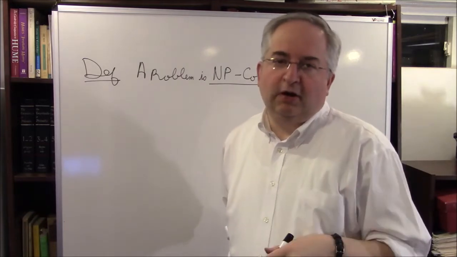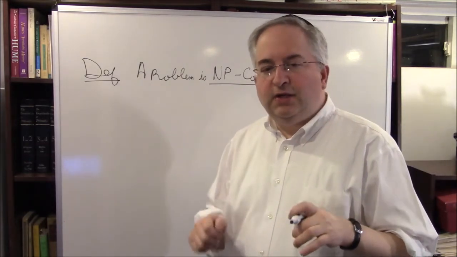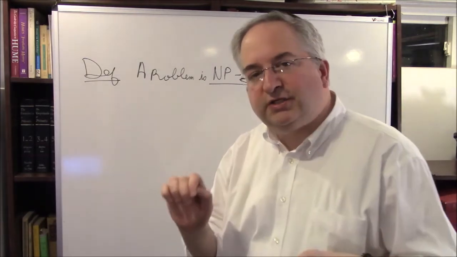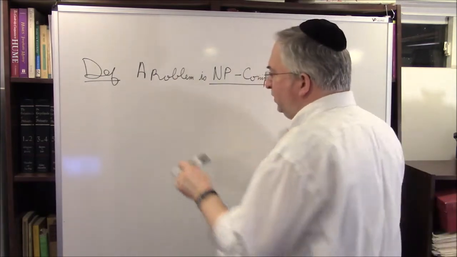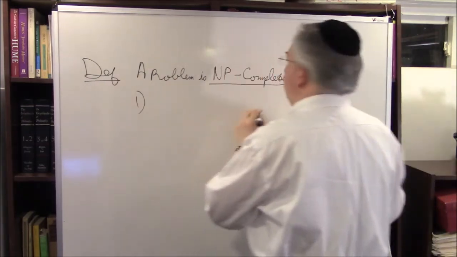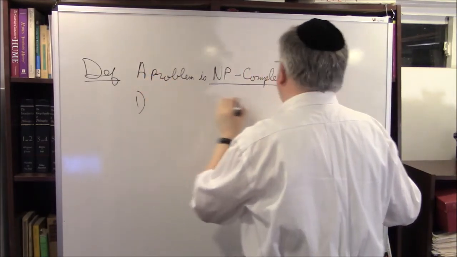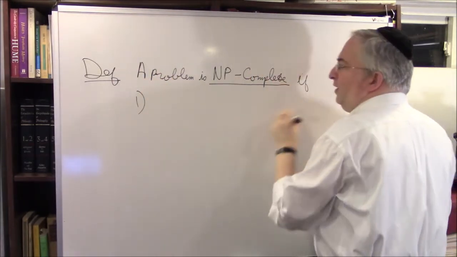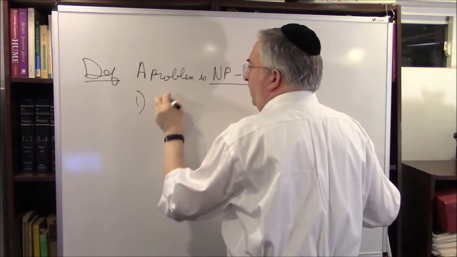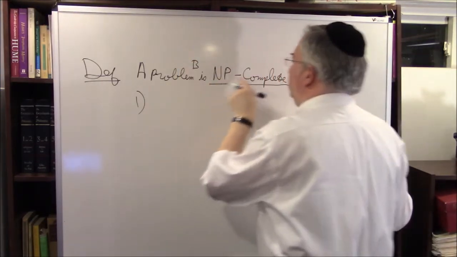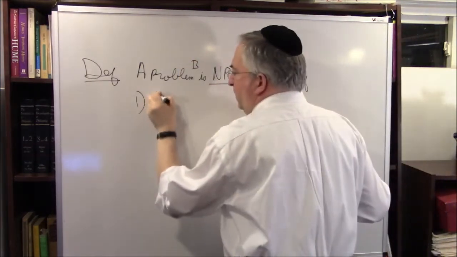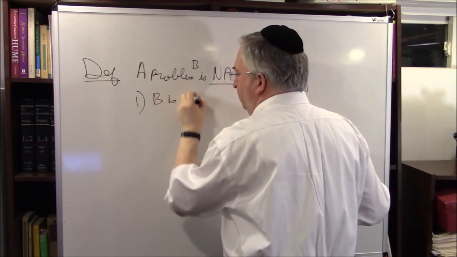NP means it's hard, but NP complete means they're the hardest NP problems. Let me show you what that means. A problem B is NP complete if, one, B is NP.